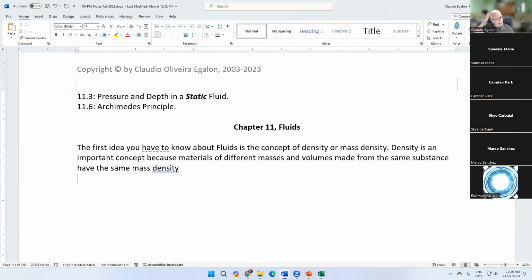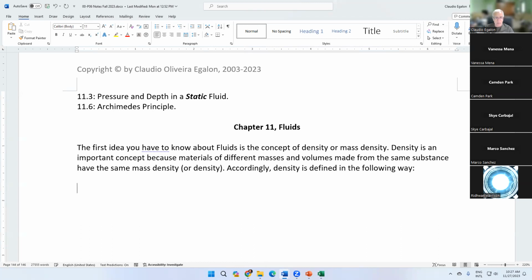The book says mass density, but in general, we just say density, okay? Accordingly, density is defined in the following way.